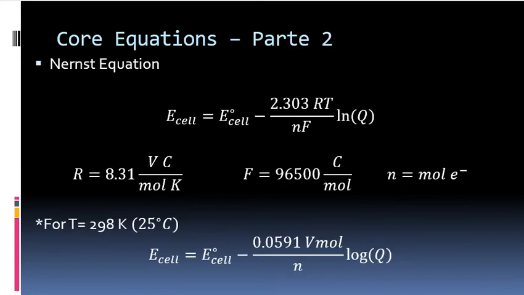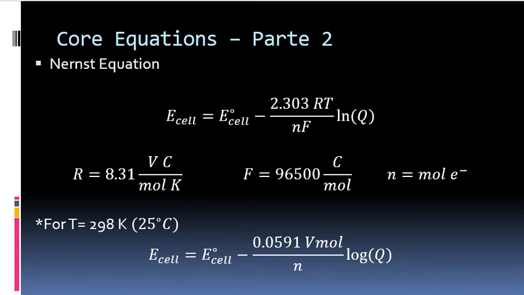Now, part 2 of our core equations. This involves the Nernst equation. This lets you determine the potential across an electrochemical cell when you're not at standard conditions.